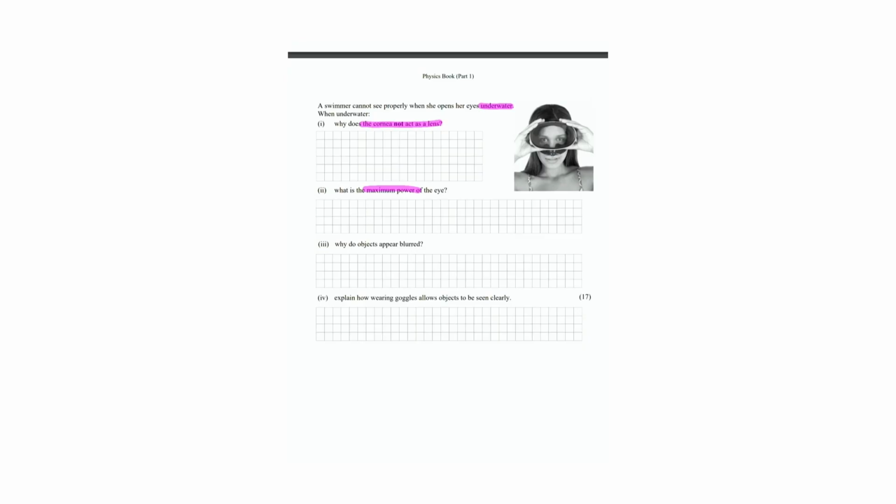Next part. Why do objects appear blurred? Why can't I properly focus? Look, there's a mathematical calculation where we work out the object distance in the notes, and we get a negative value. Now, you don't have to go into that kind of detail, but all we're basically saying here is, why does it appear blurred?